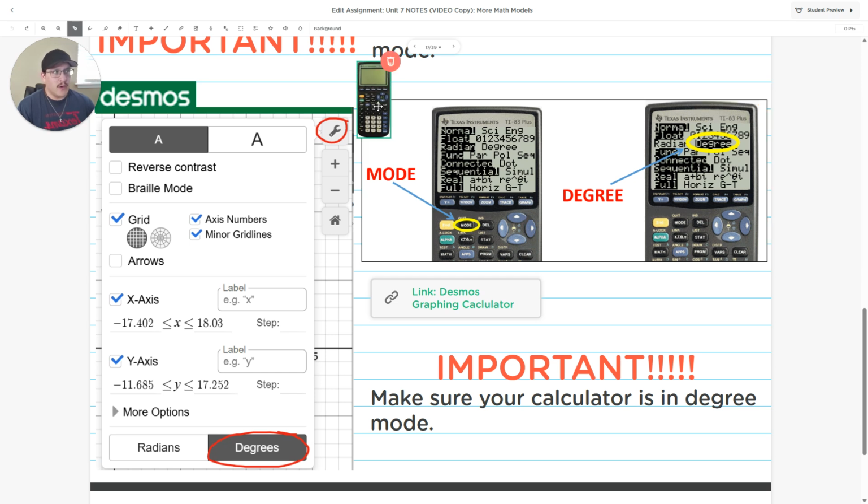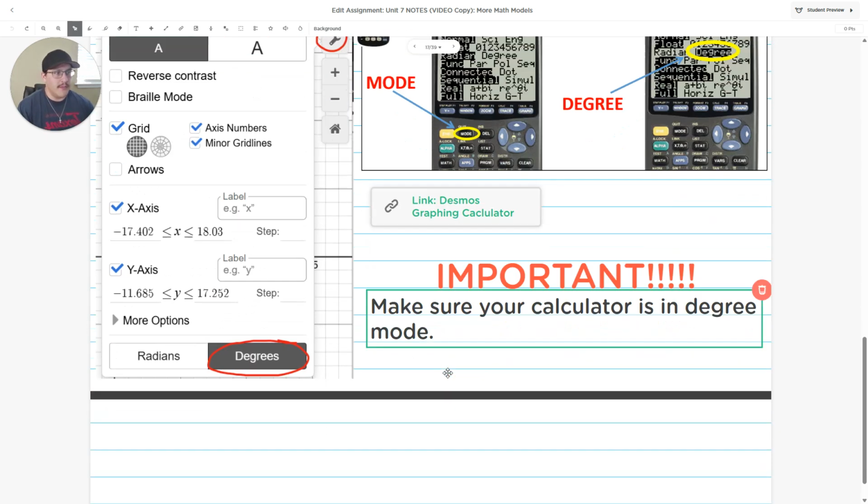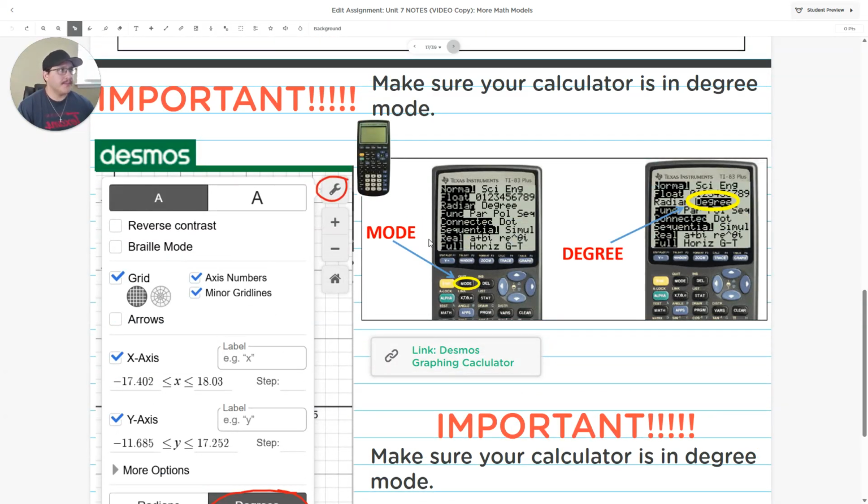Similarly, for the TI-84, if you're using that, click mode and you'll get to this screen right here. Look at the section where it says radian, and you want to switch it over and hit enter to change it to degrees. So again, just make sure that your calculator, whatever calculator you're using, is set to degree mode before we move on to the next part.